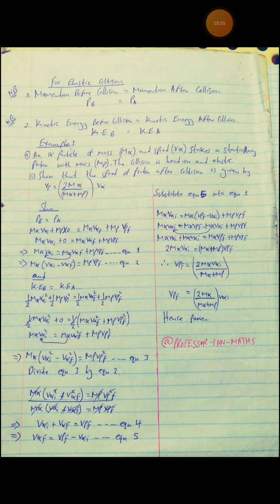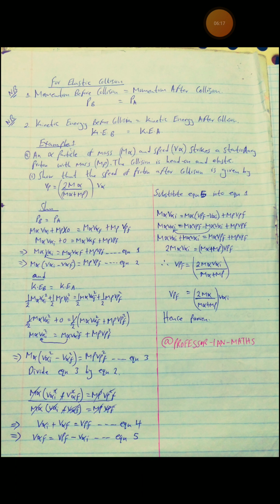Now, substituting equation 5 into equation 1, where equation 1 was m alpha v alpha initial is equal to m alpha v alpha final plus mp vp final, where we have v alpha final, we substitute with (vp final minus v alpha initial), close the brackets, plus mp vp final.